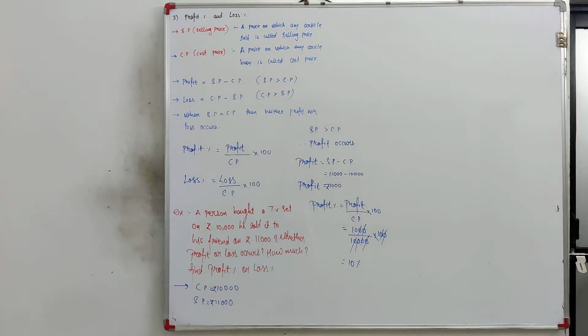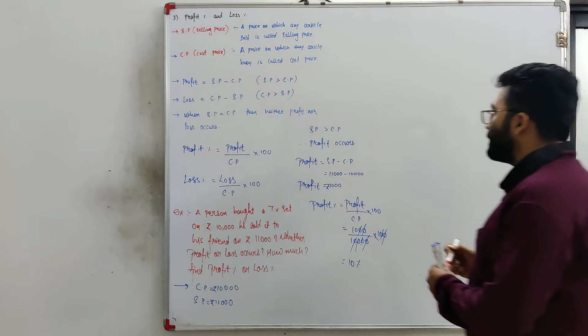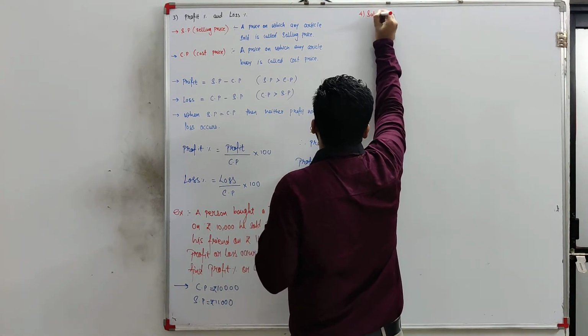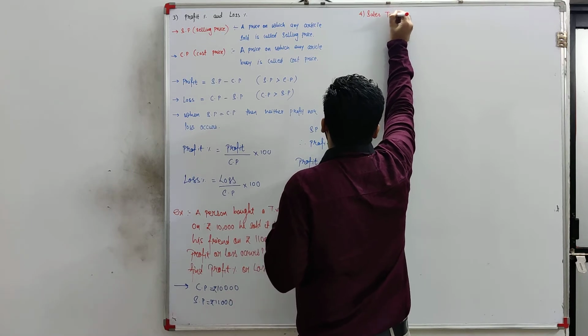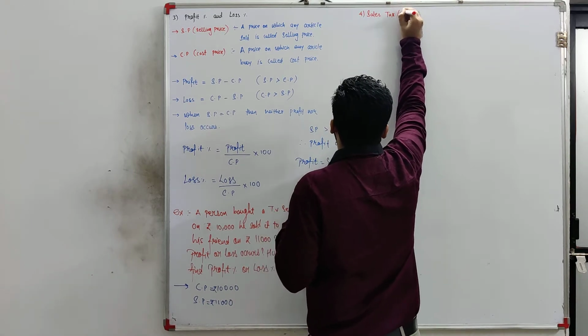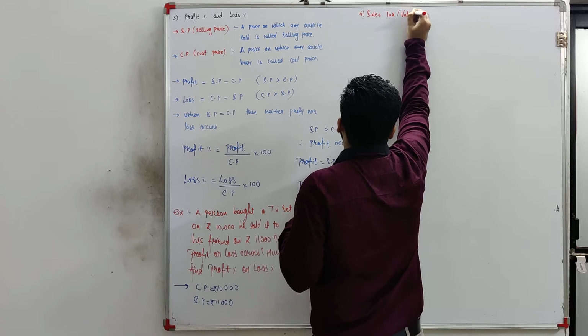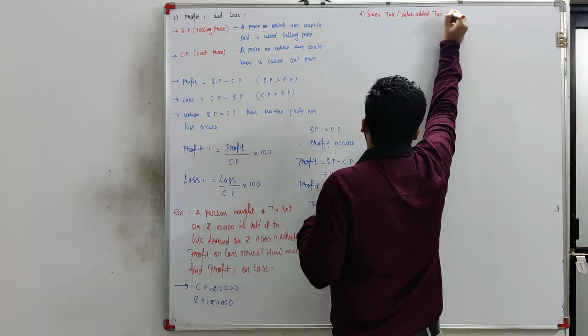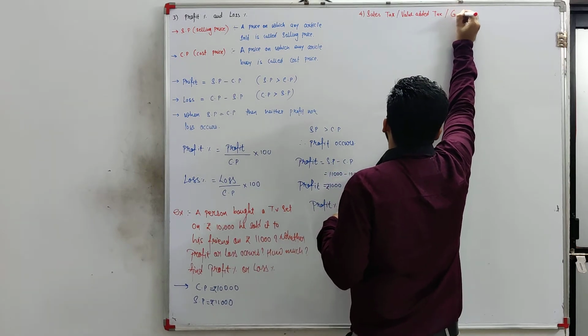Now after profit and loss percent, the next, the fourth one, is sales tax, then value added tax, and the last one is GST.